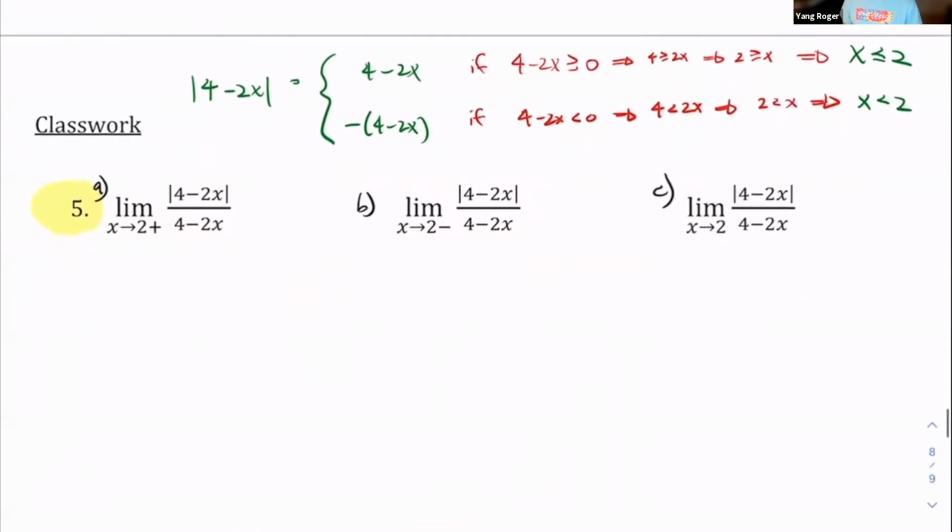So let's do this. When I go to use part A, that's going to be the limit as x goes to 2 from the positive side. The denominator is going to be 4 minus 2x. Which one am I using, the top one or the bottom one? Coming from the positive side of 2. Top or bottom, folks?